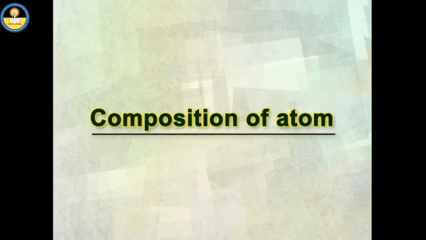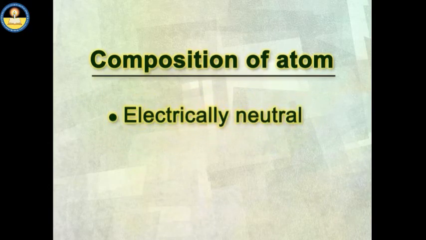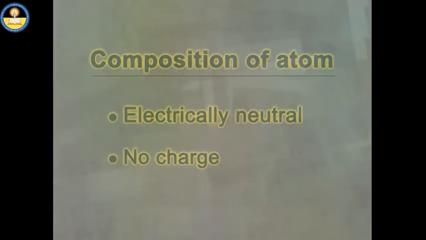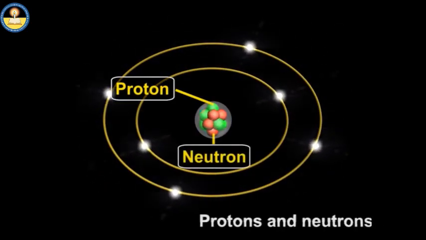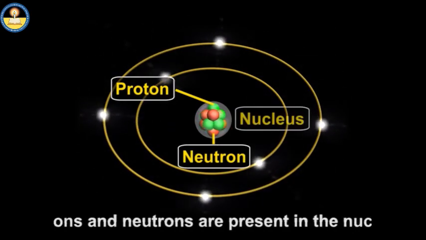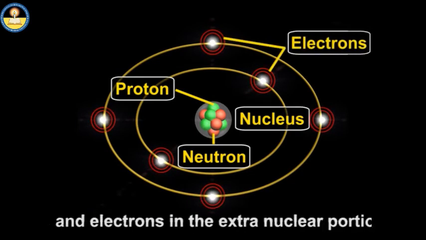Let us learn about the composition of an atom. From our discussion so far, we conclude that an atom is electrically neutral. That is, it has no charge. In an atom, protons and neutrons are present in the nucleus and electrons in the extranuclear portion.